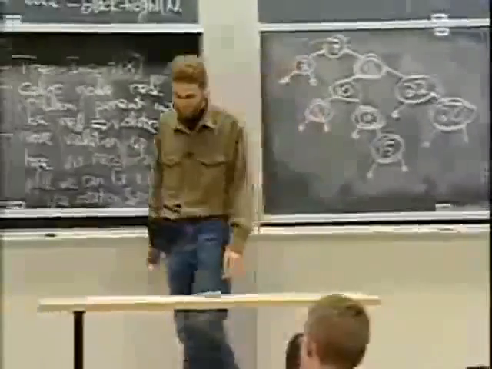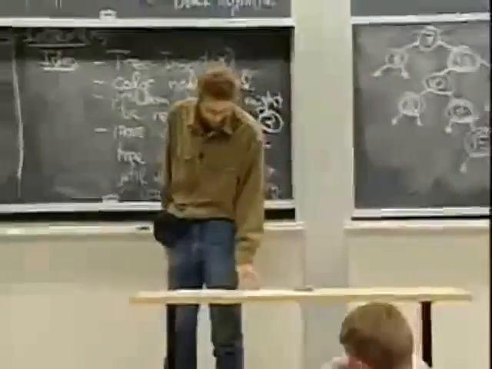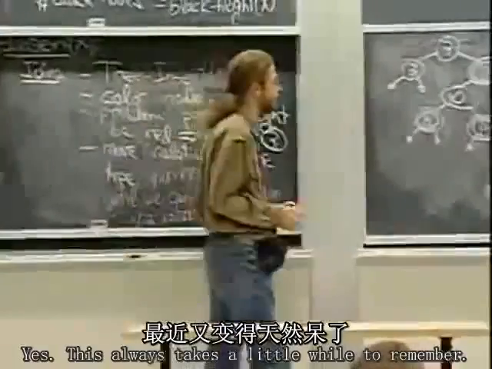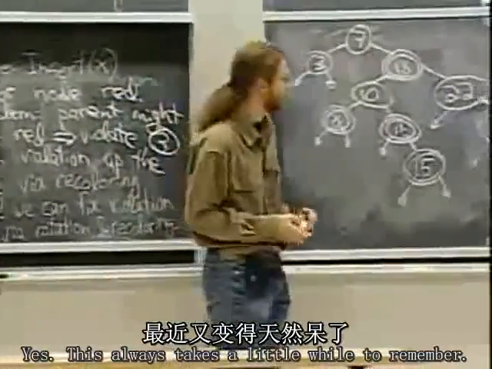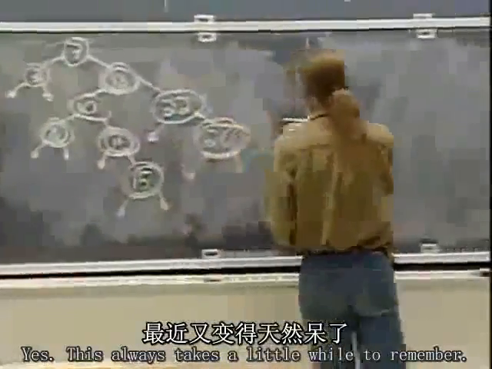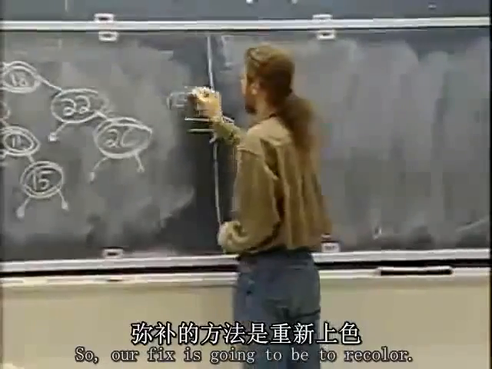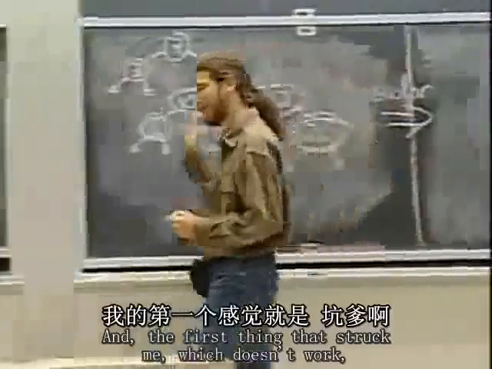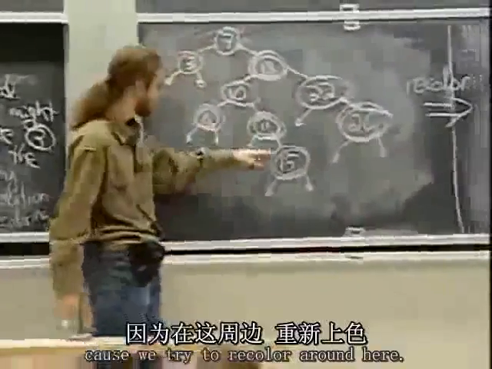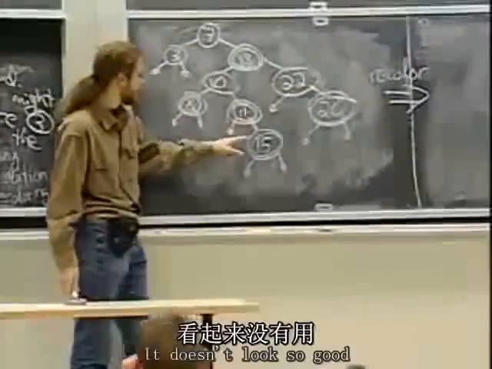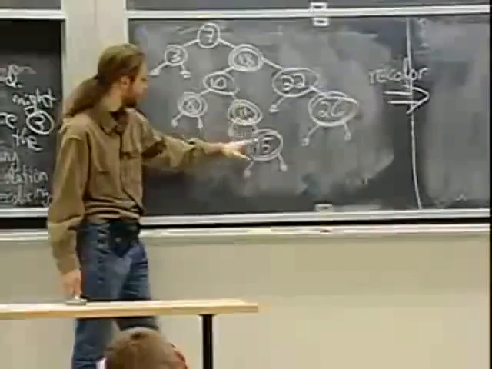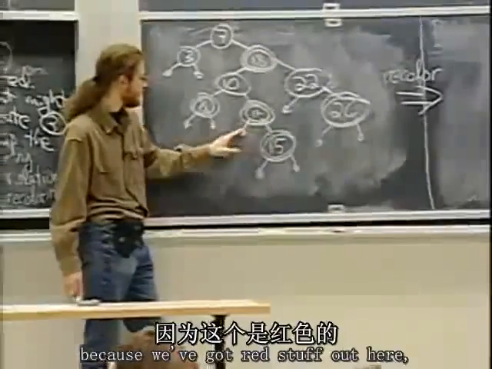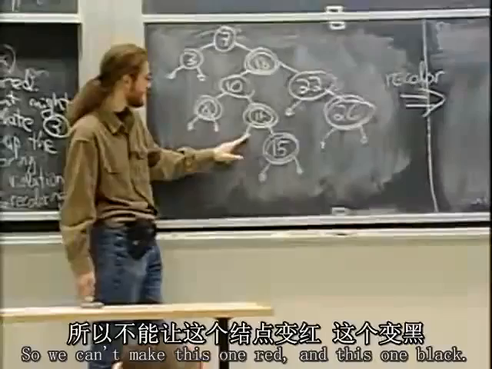What can we do? Well, let's try to recolor. This always takes a little while to remember. So our fix is going to be to recolor. And the first thing that struck me, which doesn't work, is we try to recolor around here. It doesn't look so good because we've got red stuff down here, but we've got a black node over here, so we can't make this one red and this one black.